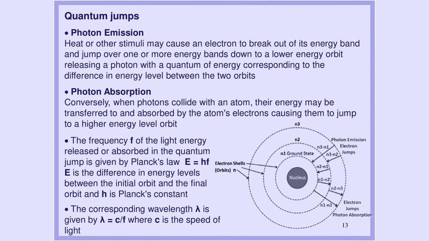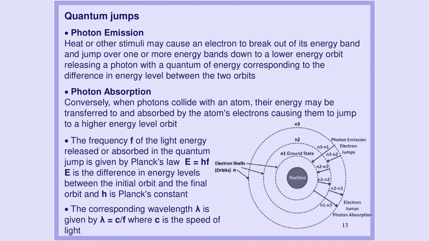The frequency of the light energy released or absorbed in the quantum jump is given by Planck's law. Energy equals the product of Planck's constant and the difference in energy levels between the initial orbit and the final orbit.